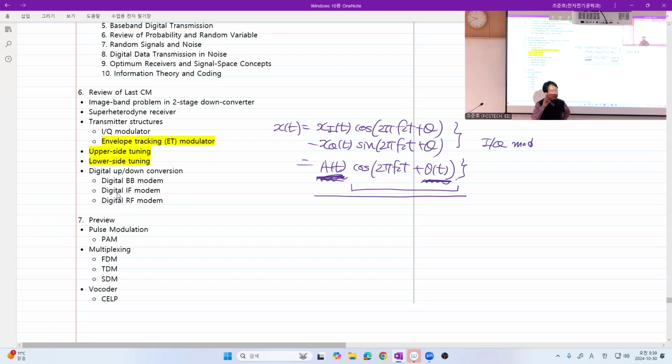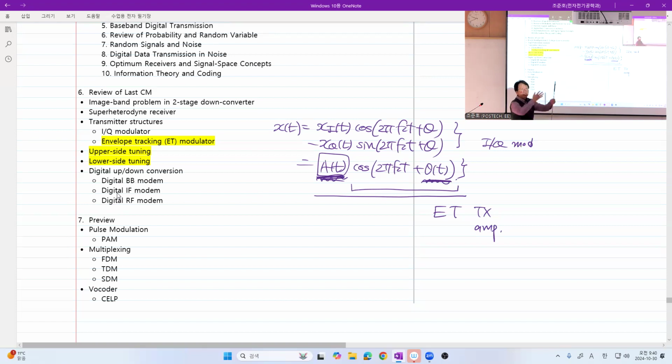Actually, this is the idea of envelope tracking, sometimes a transmitter, or sometimes, depending on our point of view, an envelope tracking amplifier. Because this envelope tracking is mostly employed to implement the amplifier in the transmitter, some people say envelope tracking amplifier.